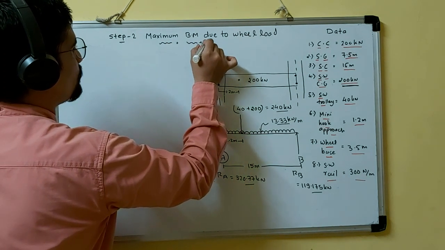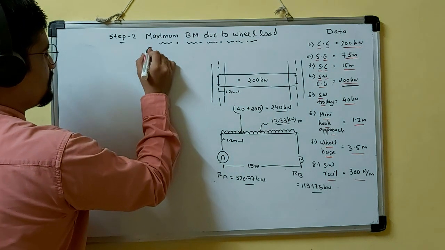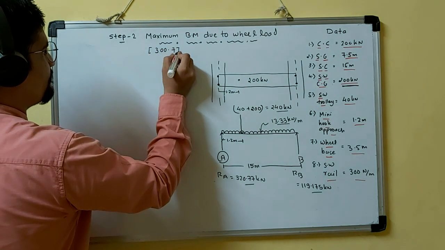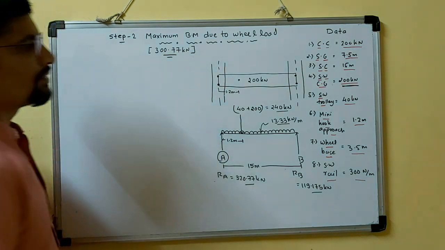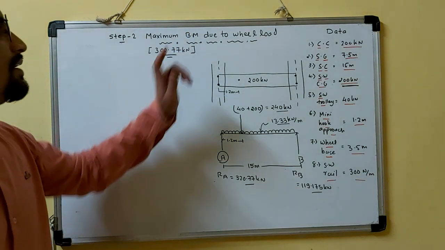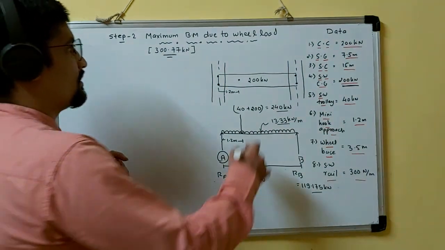The load we found, the maximum wheel load, was 300.77 kilonewton. So due to this, what is the maximum moment occurring on the gantry girder? Now it is on the gantry girder.